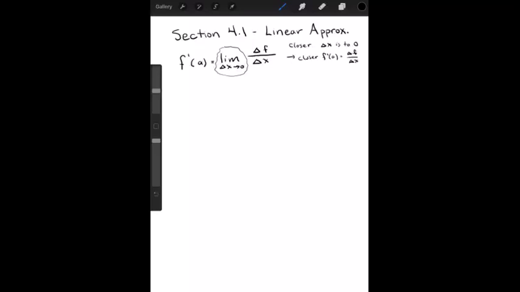So, as long as we're presuming that delta x is decently small, that's how we get the statement that delta f is close, not equal to, but kind of close, the derivative at that point that we're close to times delta x.